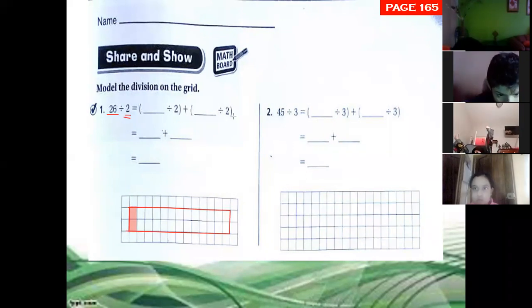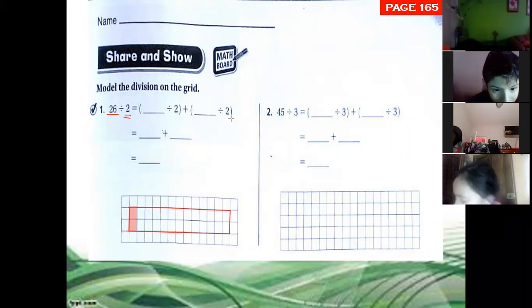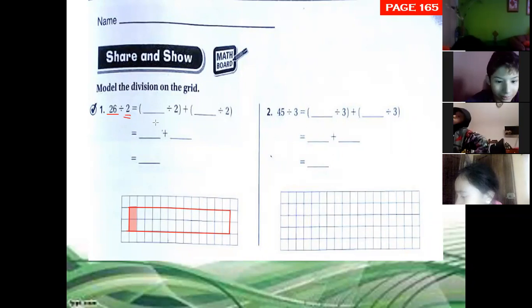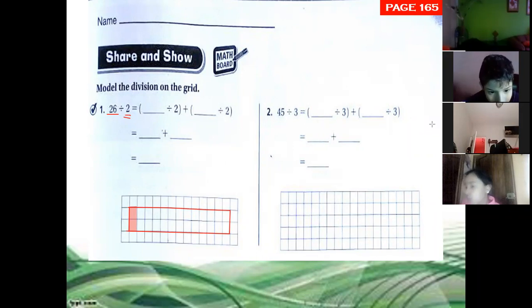Now, color, but not now, later, because you need to use 2 colors, but you need to know how you're going to divide it. Let's break this 26 into 2 smaller numbers that are going to be easier for you and for me.